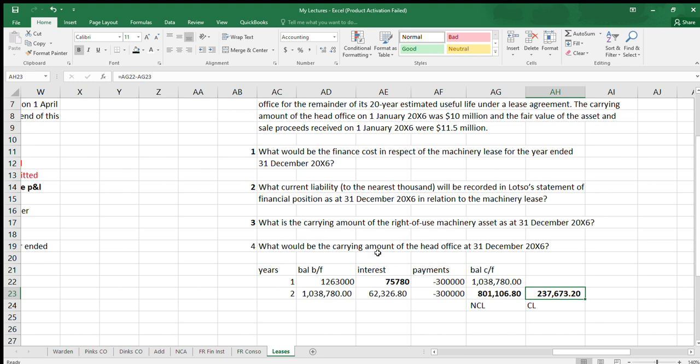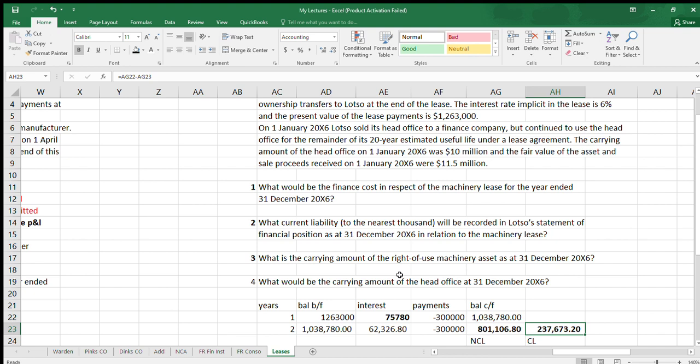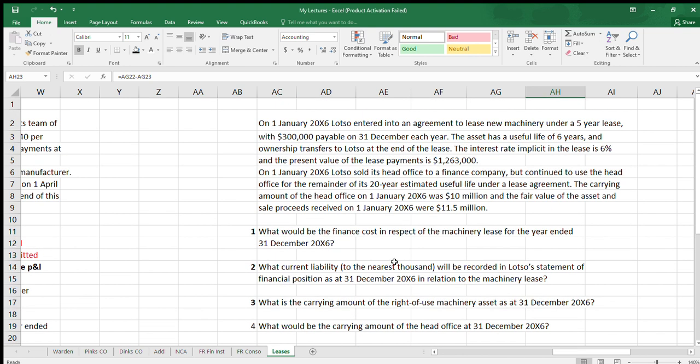And now the 3 is telling you, what is the carrying amount of the right of use of the machine, the asset. The carrying amount. So anytime you hear carrying amount, you have to think of depreciation. And what is the machinery? The machinery is under a 5-year lease term, payable in arrears, but the asset has a useful life of 6 years. And what did I say here?